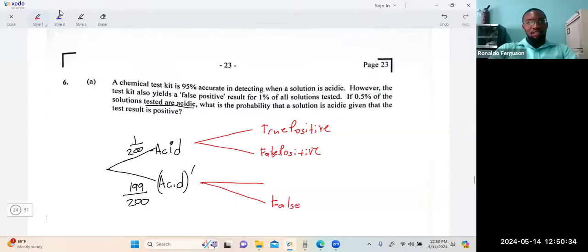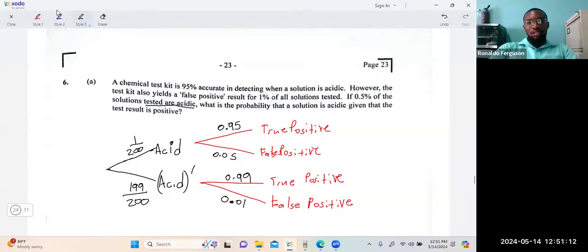The test is 95% accurate when the solution is acidic, so the other case is 5%. The kit also gives a false positive for 1% of all solutions tested, so this is 1%, and the other is 0.99.